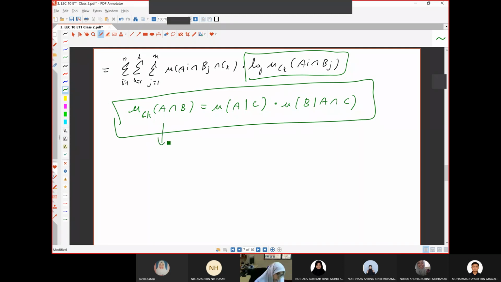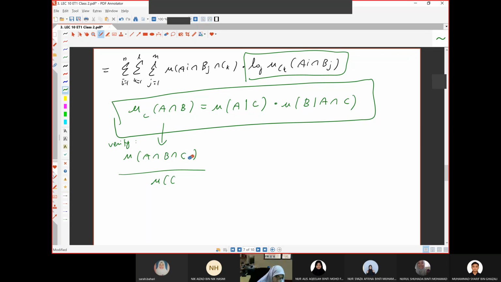So let us verify. First we verify mu C of A intersect B, which is mu of A intersect B intersect C over mu C. Saya guna CK ke? C lah, C for understanding.